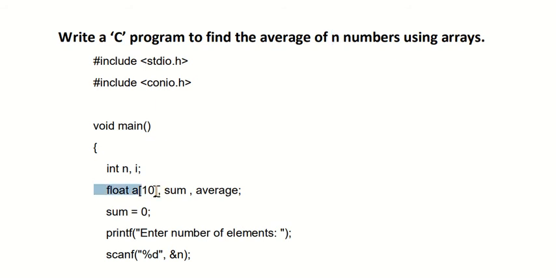And in the next line, float a[10], and then sum and average. One is the array variable, a[10], and sum and average are normal variable names, but with the data type float. Also here initially we are writing sum equal to 0.